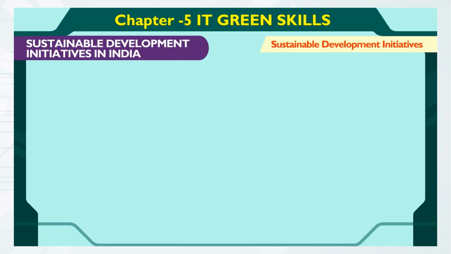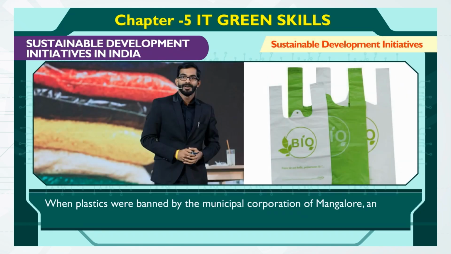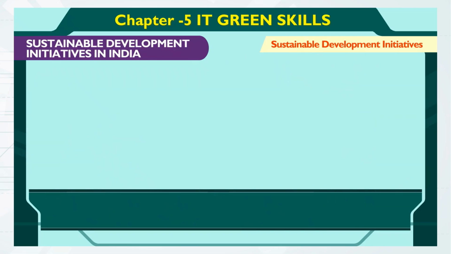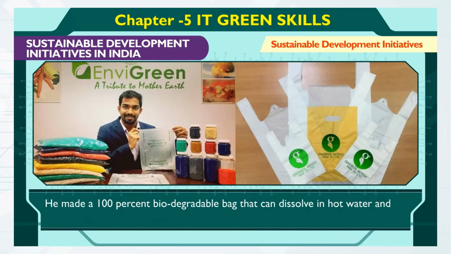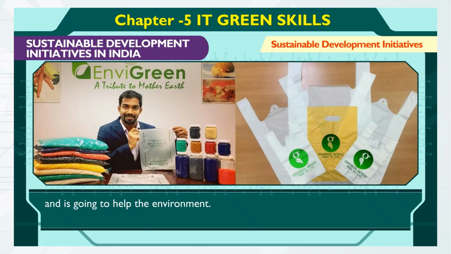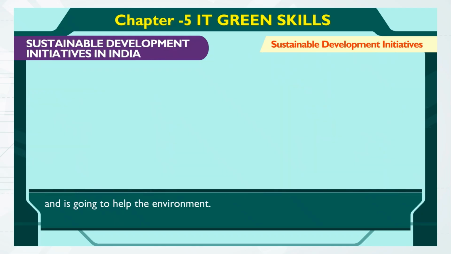Sustainable Development Initiatives. When plastics were banned by the Municipal Corporation of Mangalore, an innovator and entrepreneur, Mr. Ashwath Hegde, found an eco-friendly alternative. He made a 100% biodegradable bag that can dissolve in hot water and decompose in the natural environment. This is now being used in many countries and is going to help the environment.